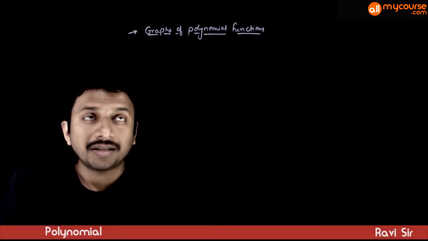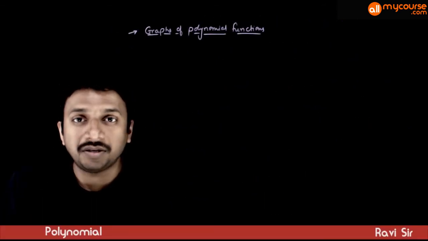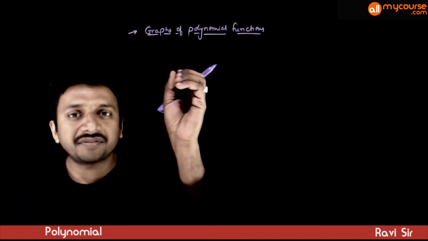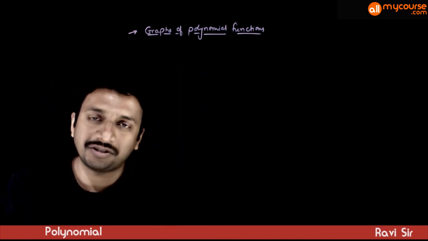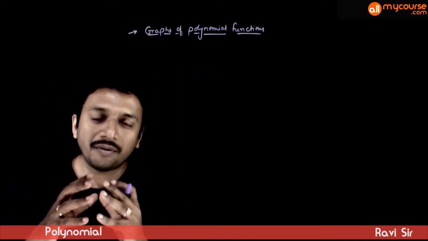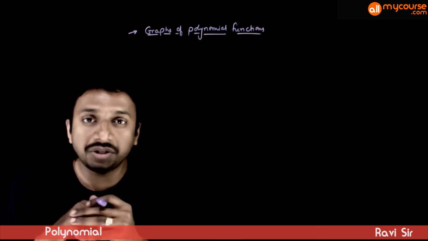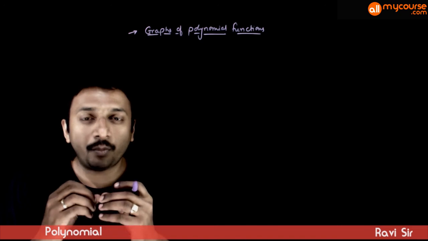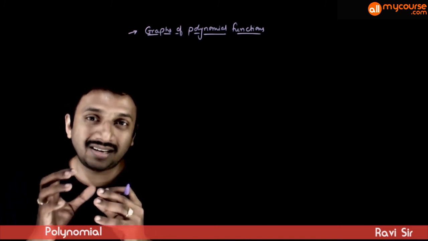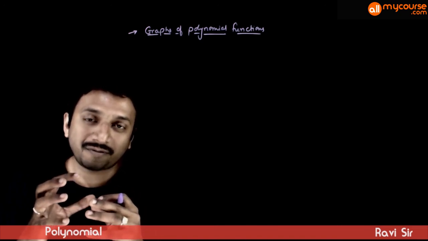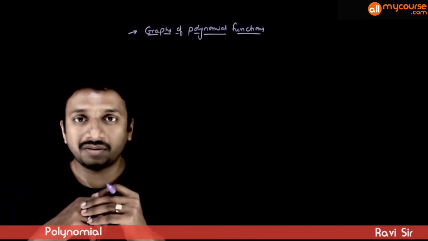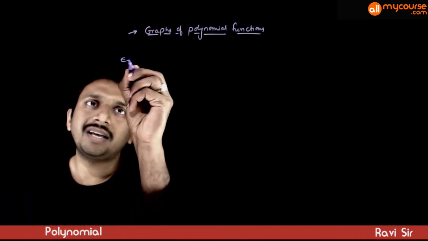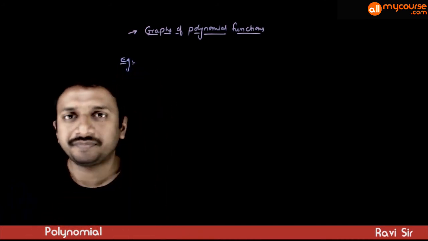So in this video, let us look at the salient features of the graphs of polynomial functions. Till now we have discussed polynomial equations. Now we introduce a new concept called polynomial functions and discuss the relation between this function and the equation. So let us take a simple example.